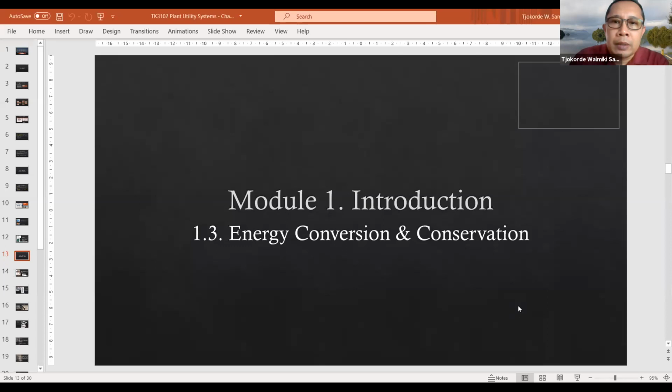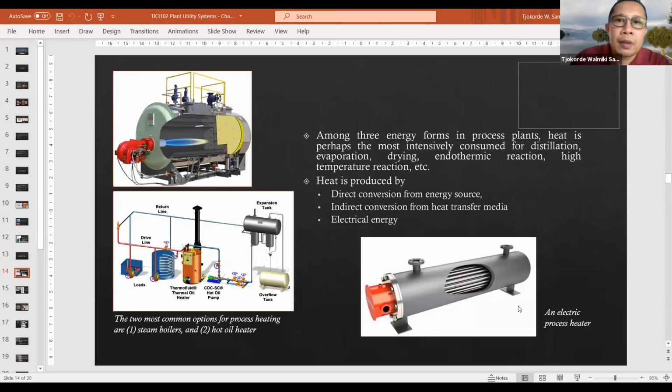Now let's see some basic definitions in energy conversion and also energy conservation. Among the three forms of energy in process plants, which we covered in the last meeting, we have electrical energy, mechanical energy, and thermal energy or heat.